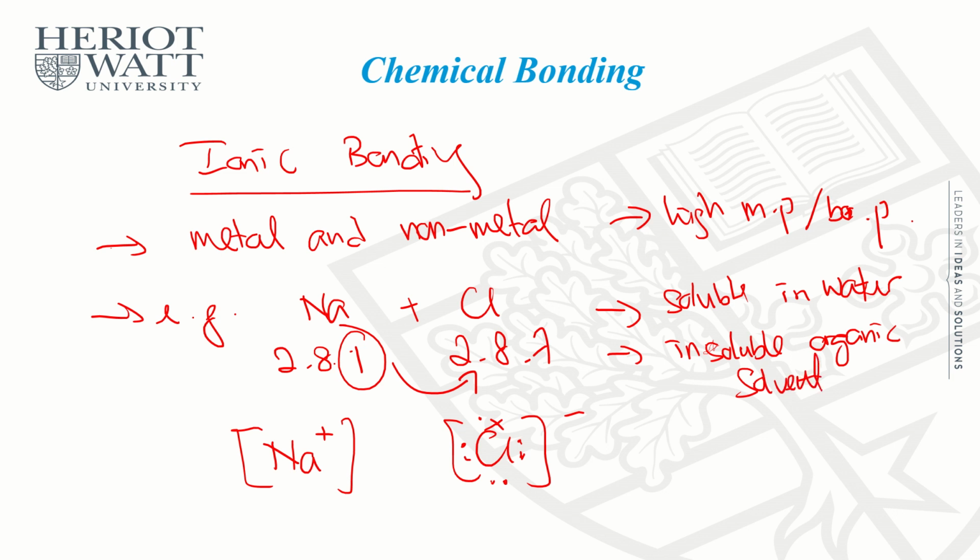Because ionic compounds are polar, as they have positive and negative charges. Water is also polar. We will talk about that later. So polar compounds are able to dissolve in water due to polarity, but are insoluble in organic solvents because most organic solvents are non-polar, meaning there is no positive and negative charge.